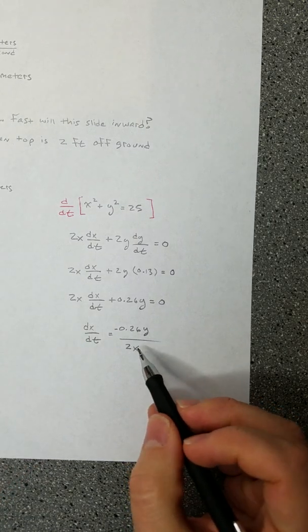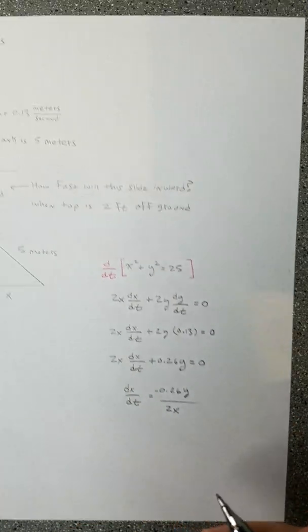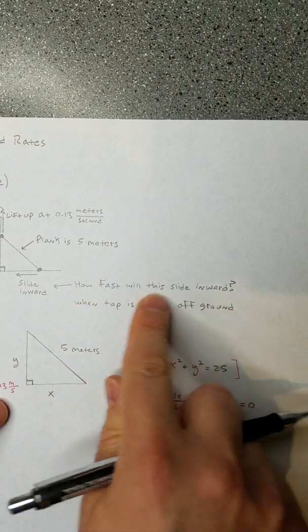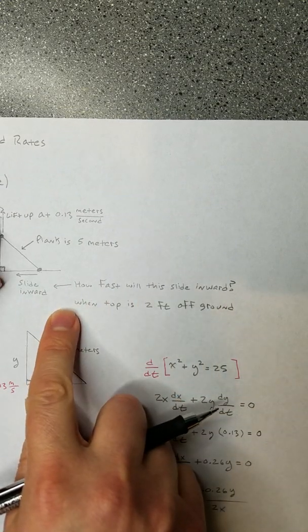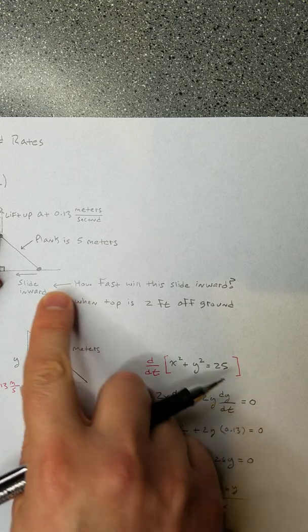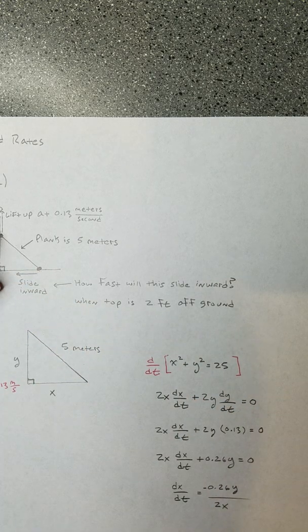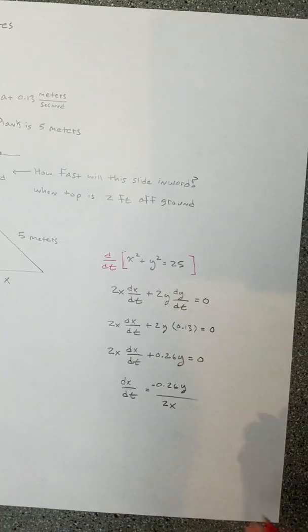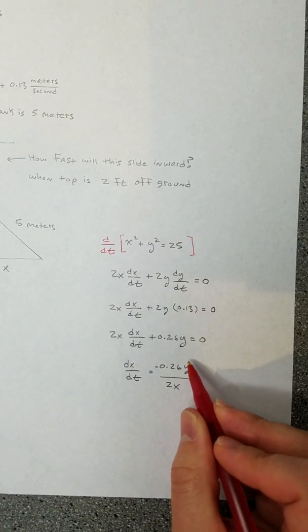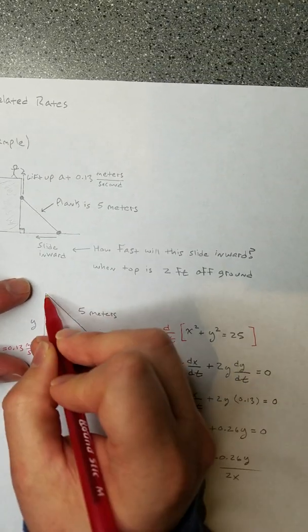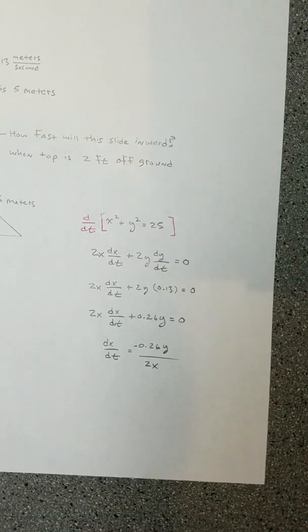But to get our number, I wanted to know how fast the bottom part will slide inward when the top is 2 feet off the ground, okay? So it's like you're telling me that y is 2, right? That top part is 2 feet off the ground.